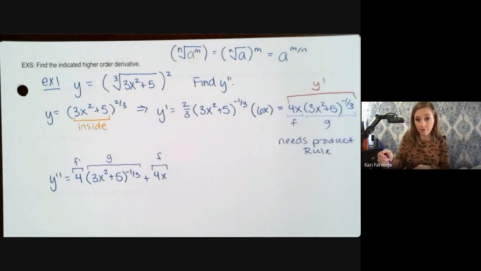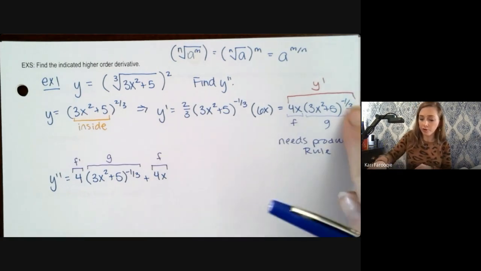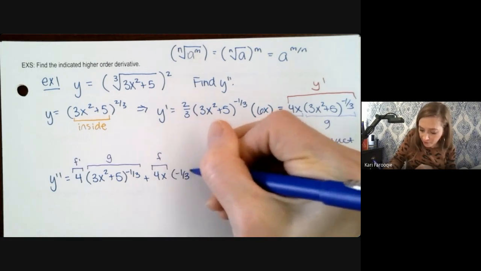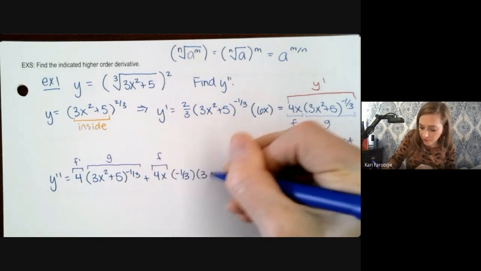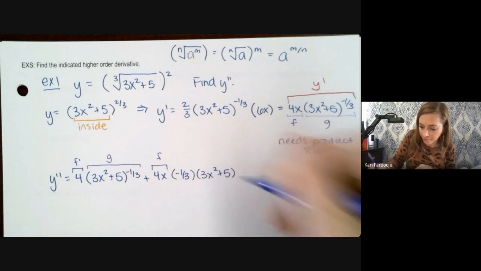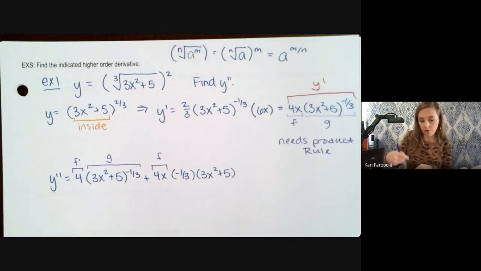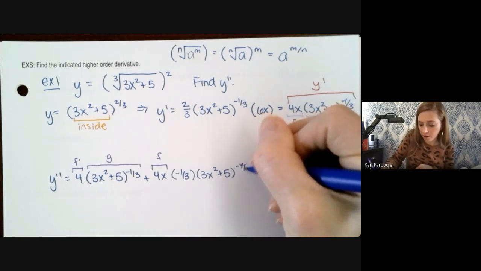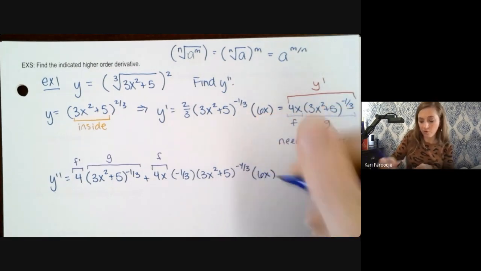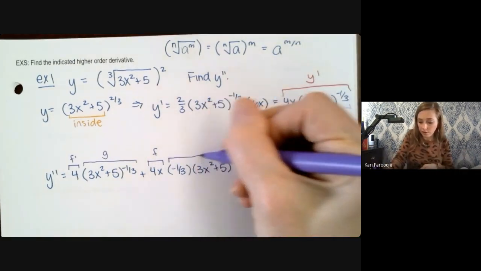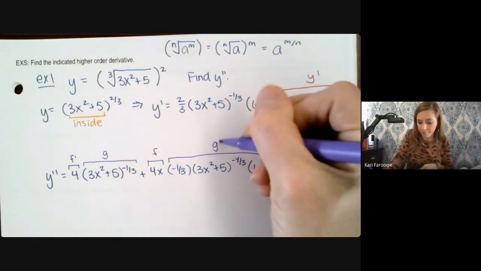And then g prime is what needs the chain rule here. So we're going to bring the exponent down as negative 1/3. I'm going to rewrite the inside function, decrease the exponent by 1. So negative 1/3 minus 3/3 is negative 4/3. And don't forget to chain on the derivative of the inside function. This whole quantity right here is g prime.